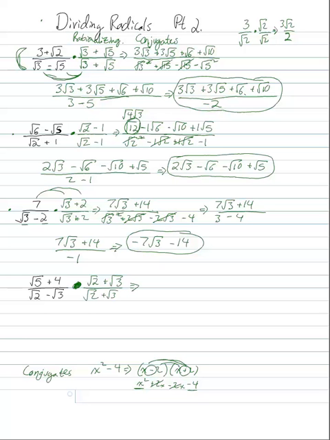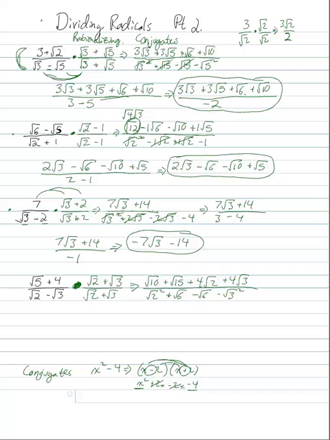Okay, so if I distribute, oh, this is two binomials, so I will FOIL. 5 times square root of 2 is square root of 10, plus square root of 15, plus 4 square roots of 2, plus 4 square roots of 3. The denominator, square root of 2 times square root of 2 is square root of 2 squared, plus square root of 6, minus square root of 6, minus square root of 3 squared.